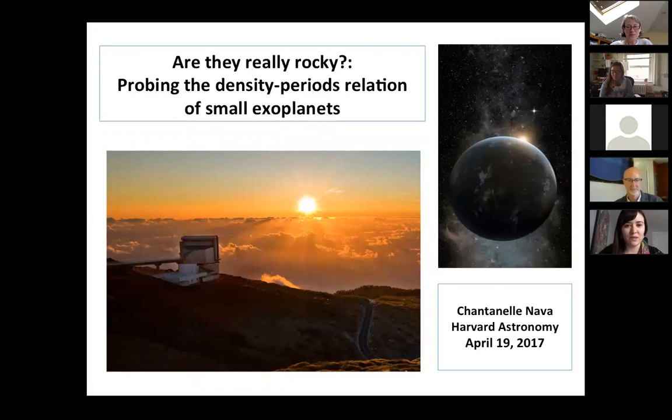And basically, I'm probing the density relation or density period relation of small exoplanets. And that picture that you see on the left is the HARPS-North Observatory, La Palma Observatory, on the Canary Islands in Spain. And then that picture is just an artist rendition of an exoplanet, probably a rocky, habitable one.